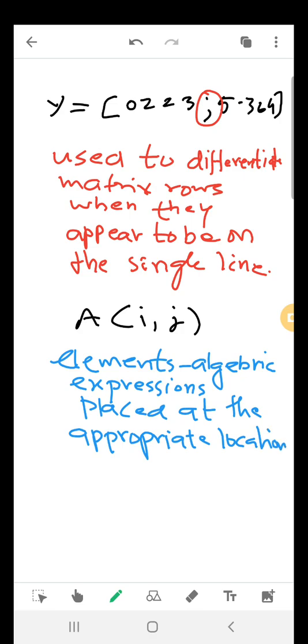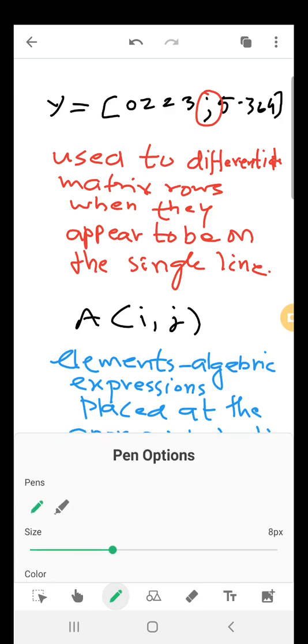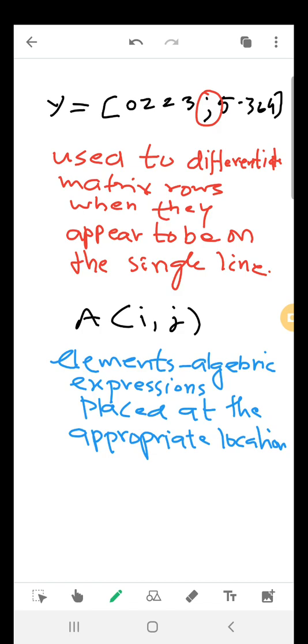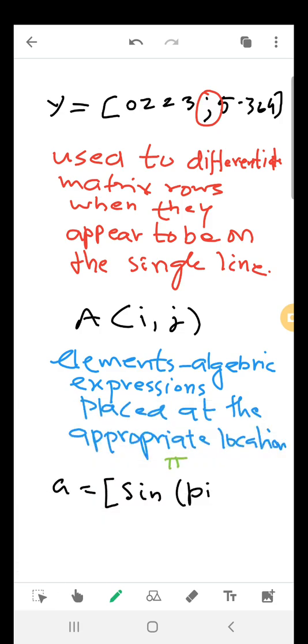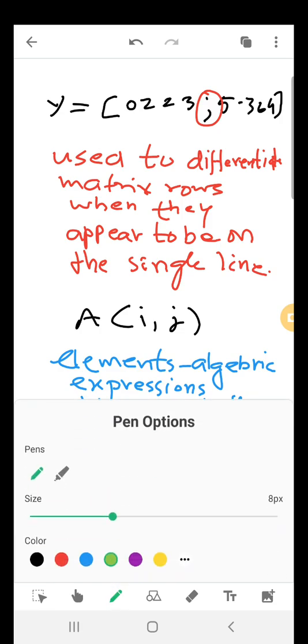For example, the matrix can be presented as A equal to sine pi by 2. So in the Matlab command, instead of writing the pi symbol, we write it as pi.